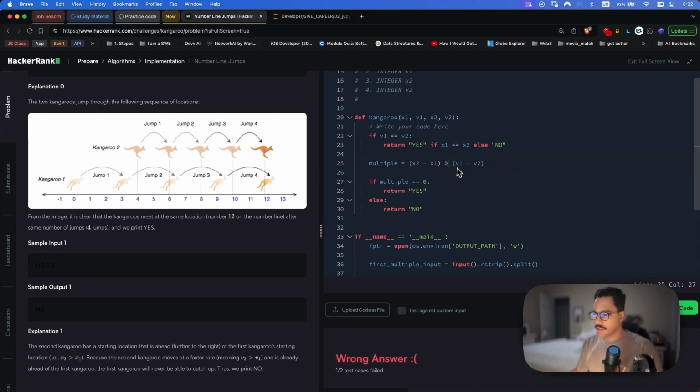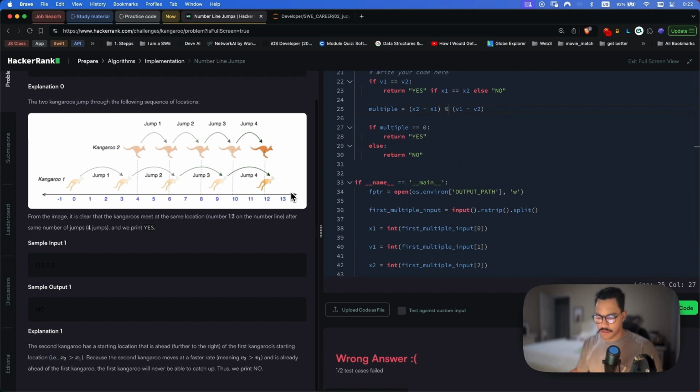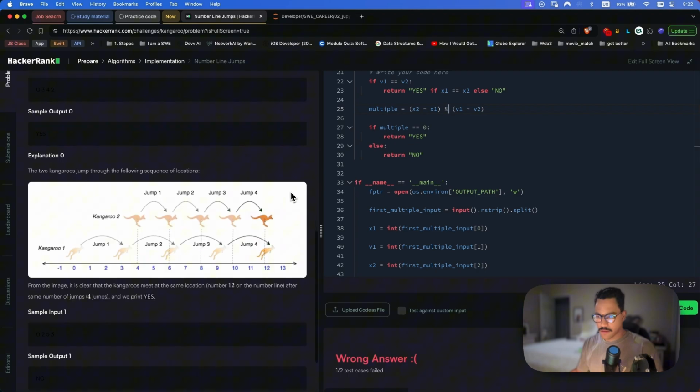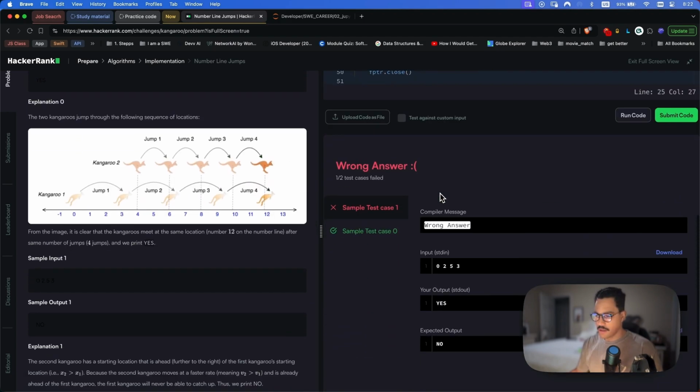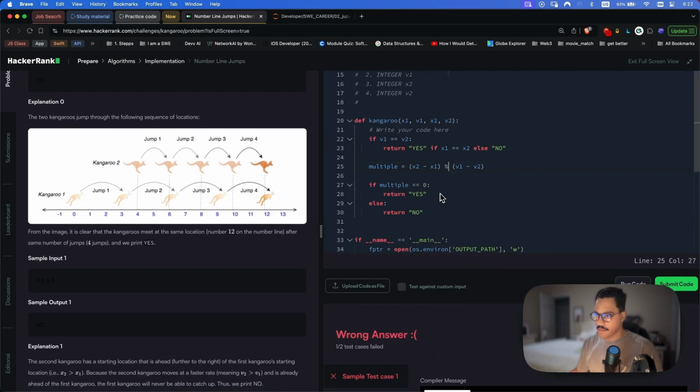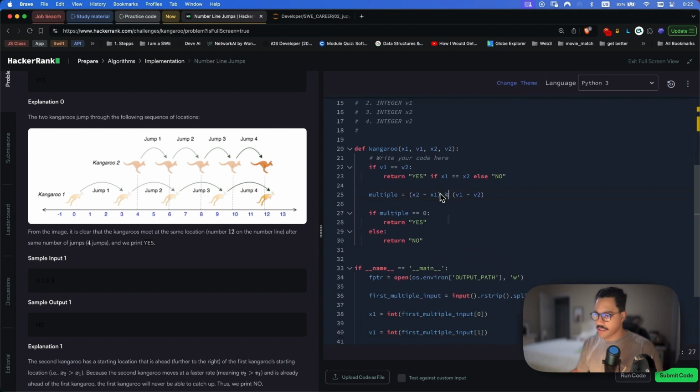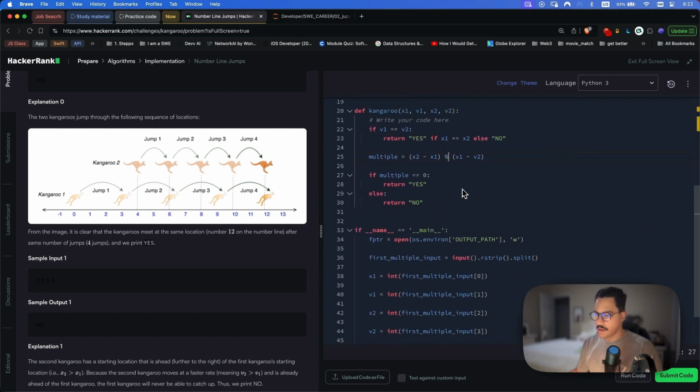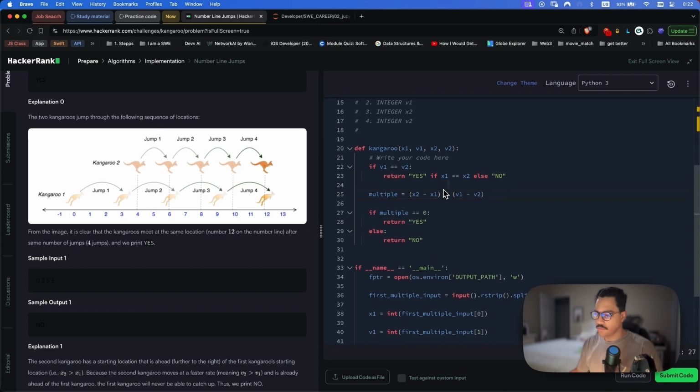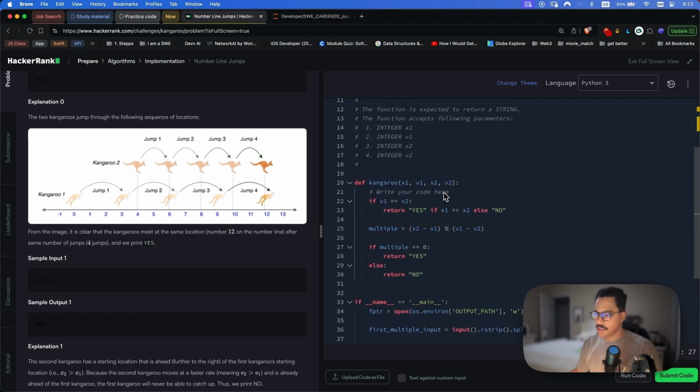Man, I want to Google something so bad, but I feel like I'm going to be disappointing myself. Again, math is not my number one subject. I know I'm probably missing something here. If multiple equals 0, what am I missing?